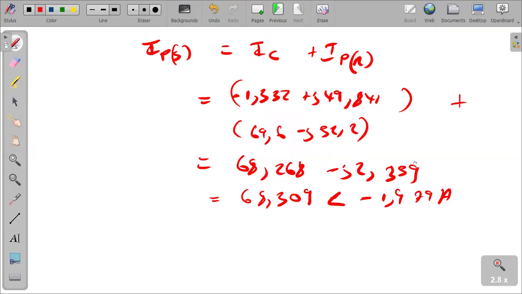That marks our sending end phase current, which is also the sending end line current. So that's our sending end current there. We have determined it.